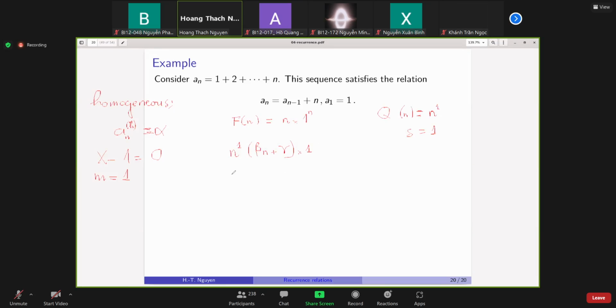So we will need to find a p(n) of this form, that is, beta n squared plus gamma n.